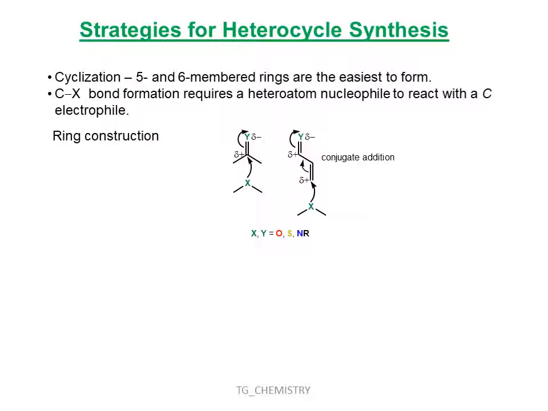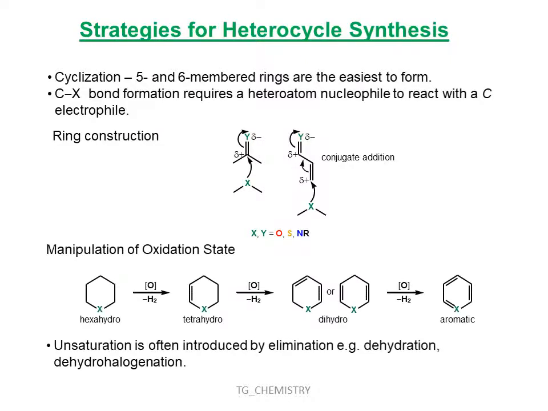Now for the ring construction, we can have two common addition approaches, like 1,2 addition and 1,4 addition, as you can see over here, where X and Y can be these heteroatoms. Another important way is to manipulate the oxidation state to obtain unsaturated aromatic heterocycles from saturated analogues.